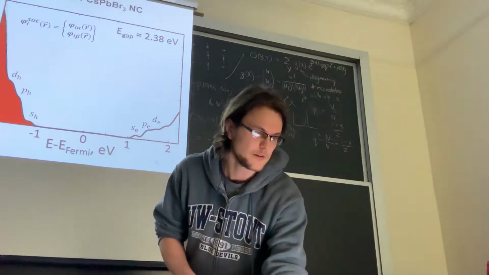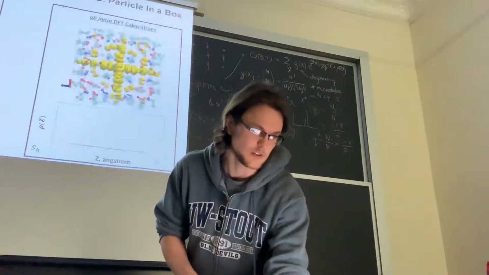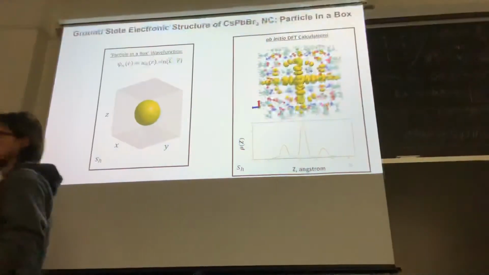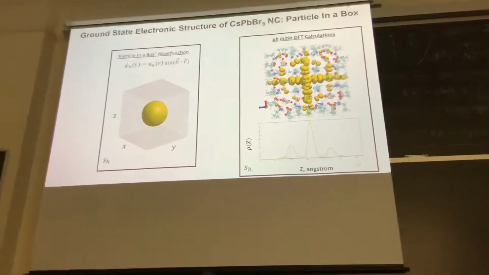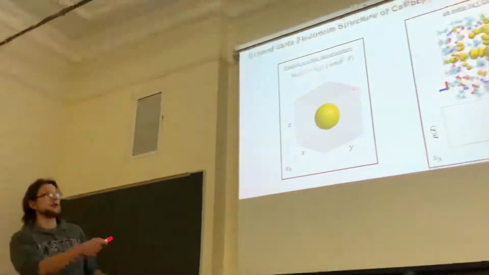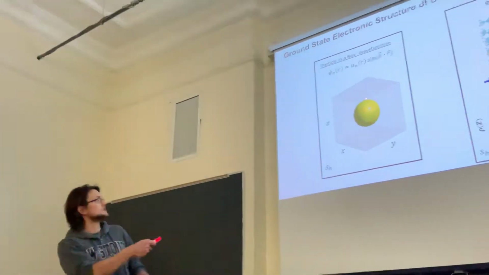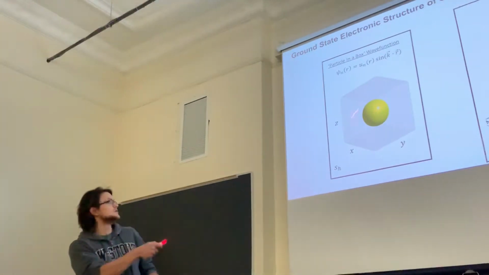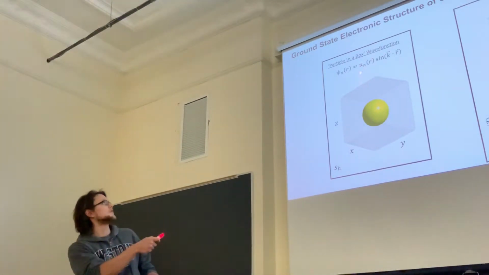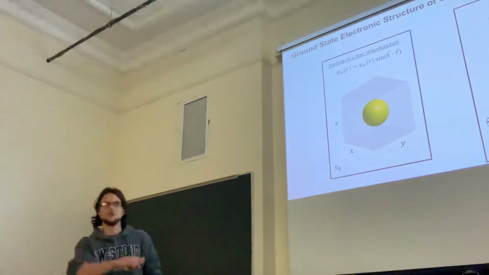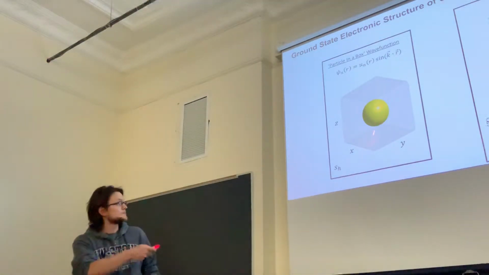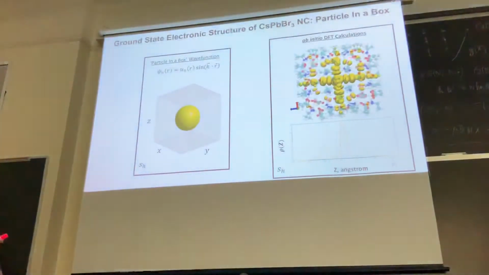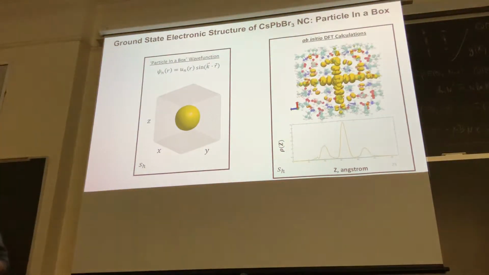So it's a ground state electronic structure, and then just to make the connection back to the particle in the box. On the left, this box represents the boundary conditions, and this sphere on the inside represents the envelope function for a particle in the box, and we don't compute the periodic parts, or the fast varying parts. But for ab initio calculations, you look at the orbital, so this is the corresponding orbital for the lowest excited state.